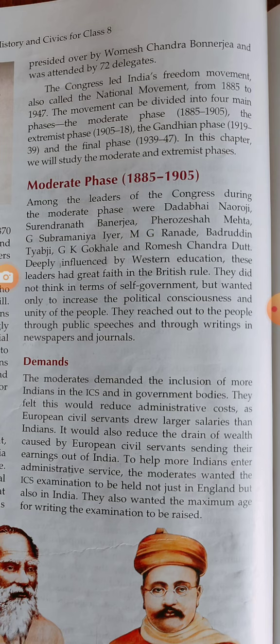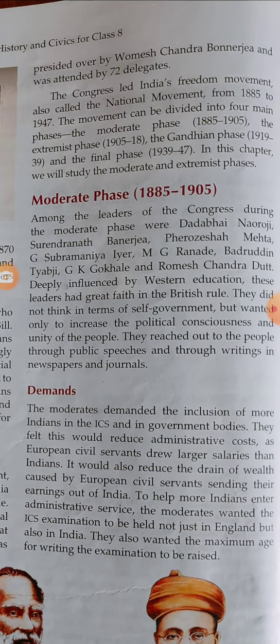The Congress led India's freedom movement, also called the National Movement, from 1885 to 1947, till we got independence. The movement can be divided into four main phases: the moderate phase, which we will study in the same chapter, the extremist phase, the Gandhian phase, and the final phase.